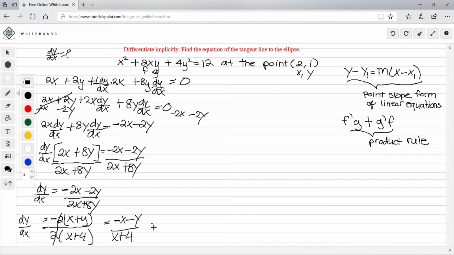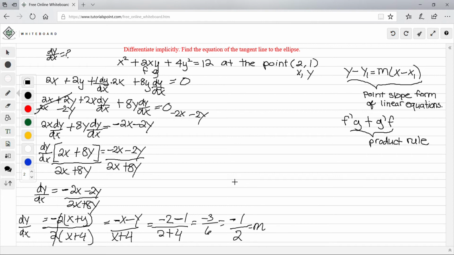Our x is 2, so that would be negative 2 minus y, which is 1, over our x, which is 2, plus 4. So negative 2 minus 1 is negative 3 over 6. Simplify that, and that gives us negative 1/2. So this is our m, right? That negative 1/2 is our m.